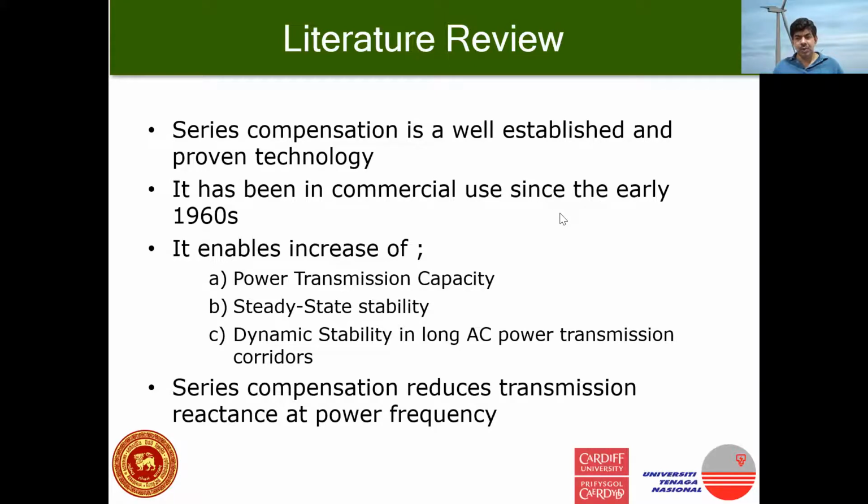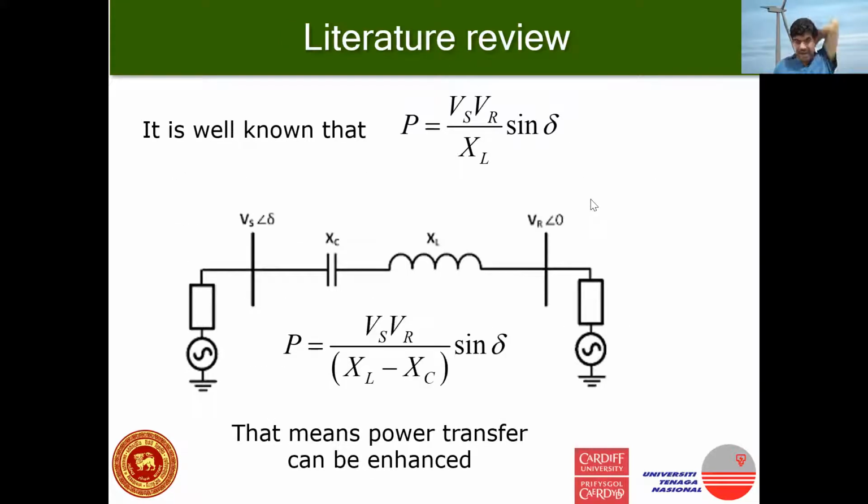When you look a little bit more, you will see this is the typical equation that governs the power transfer from one point to another. Vs is the sending end voltage, Vr is the receiving end voltage, and XL is the line impedance.